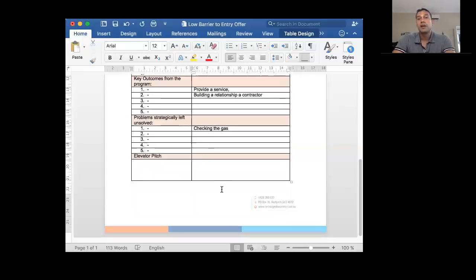Your elevator pitch. An elevator pitch is meant to be short, 30 seconds or less. So this is just for you to get it on paper. So when people ring you and say, hey, what's involved in that aircon service?